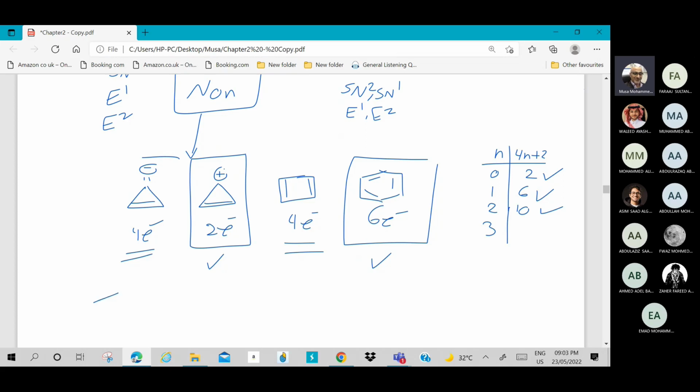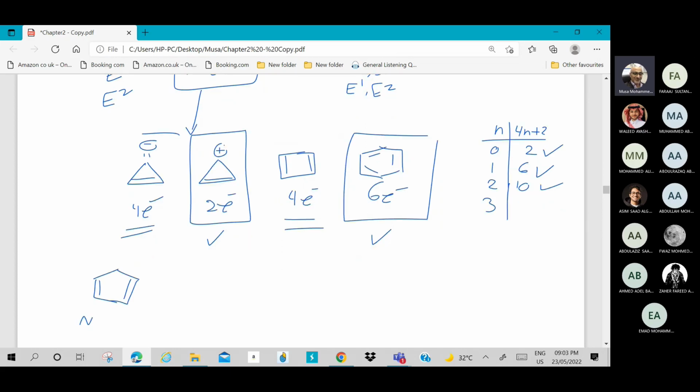Now how about if we have a 5-membered ring that has a double bond and double bond with no positive or negative charge? This system, of course, is not conjugated. So we can say that this system is non-aromatic, not anti, none. So this one is called anti, this one is called anti, and this is none.